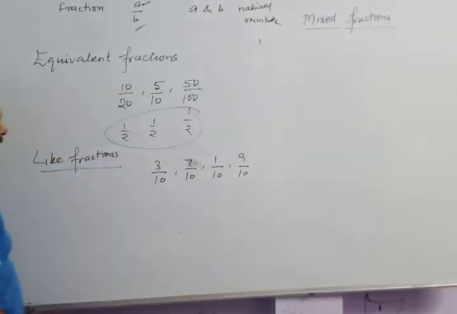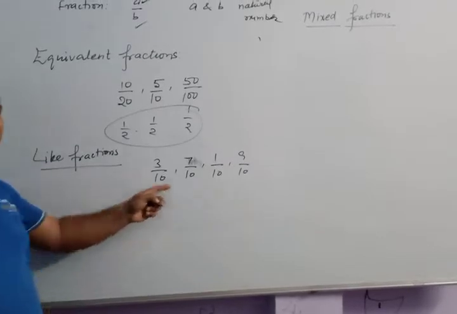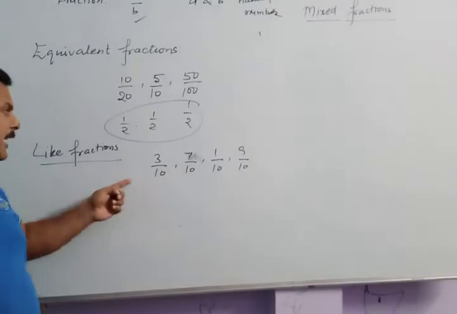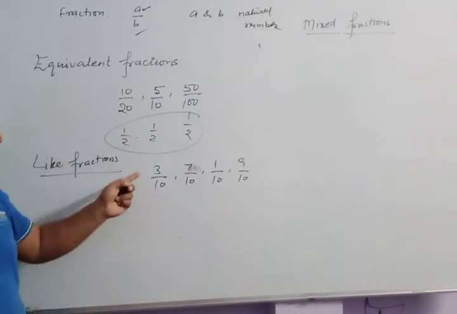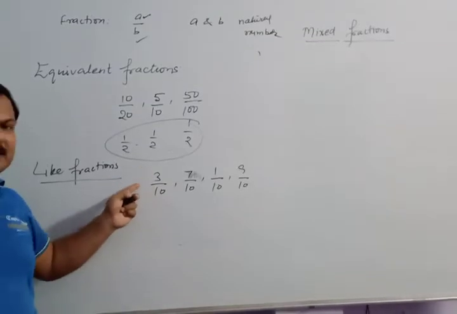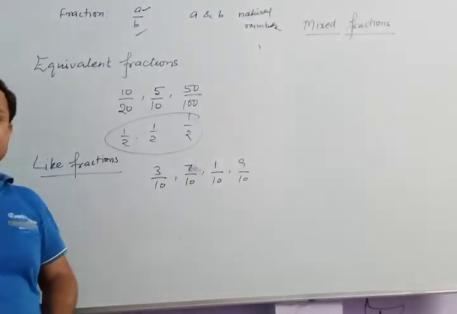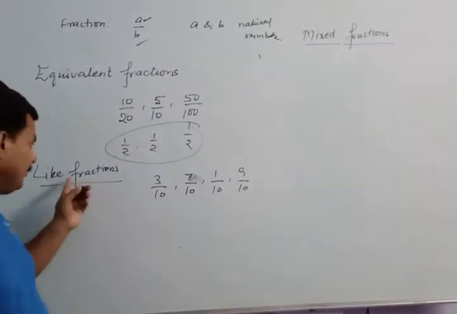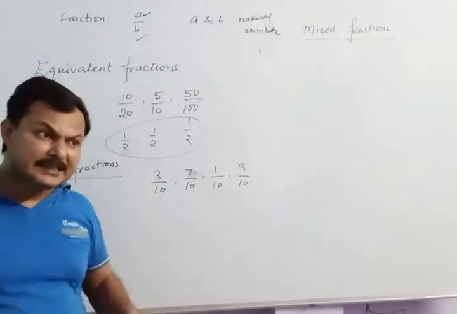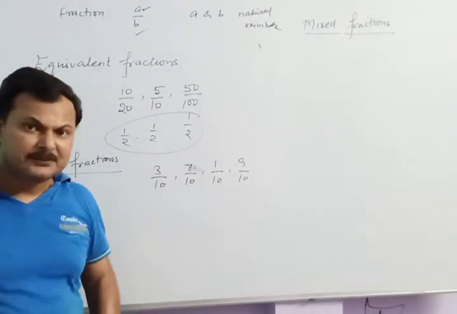I have written 4 fractions here, and all are proper fractions also. All are like fractions also. How proper? Because in each case we observe the numerator is less than the denominator. And how like? All the denominators are the same but the numerators are different.